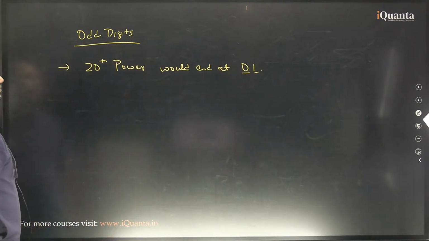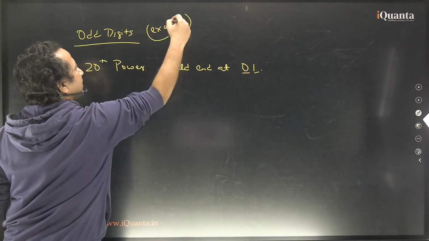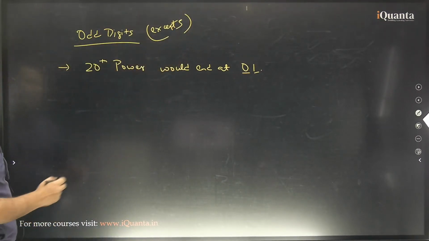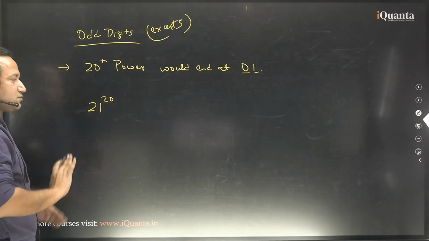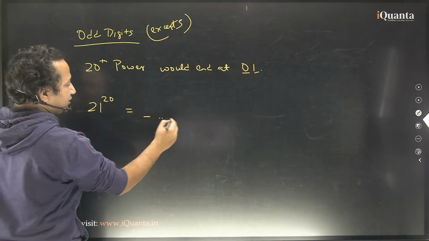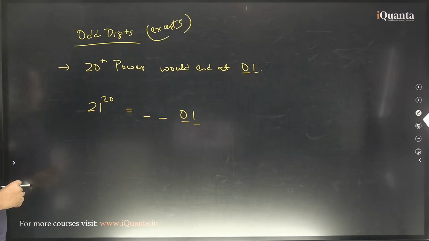What does it mean? Odd digits except 5. 5 हम पहले कर चुके हैं. That means 21 to the power 20, जो कुछ भी होगा उसके एंड में हमेशा 01 ही आएगा. Is that clear?